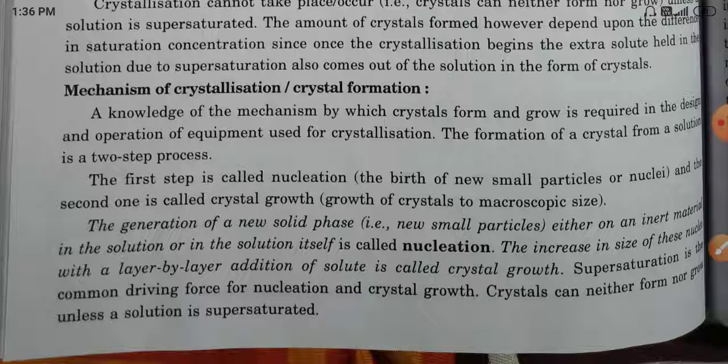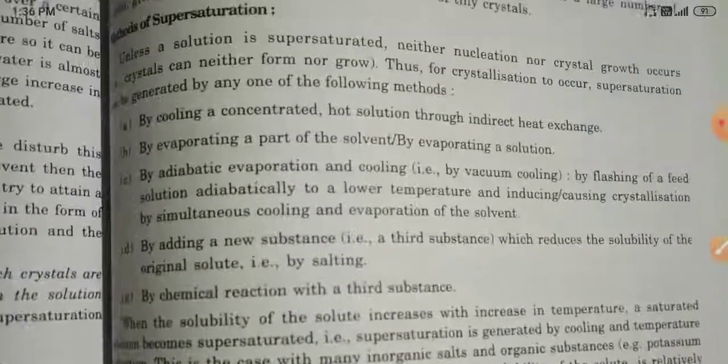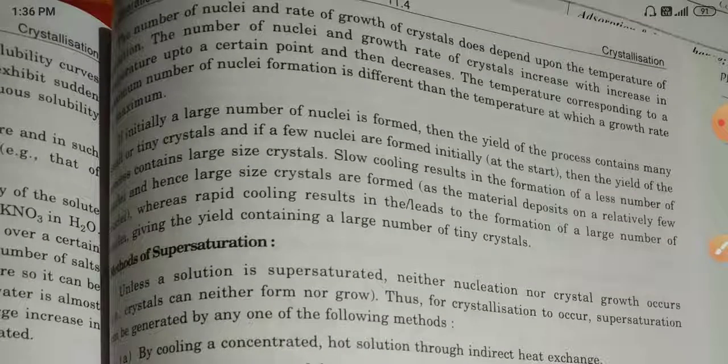The supersaturation is the common driving force for nucleation and crystal growth. The crystal cannot grow unless the solution is supersaturated.